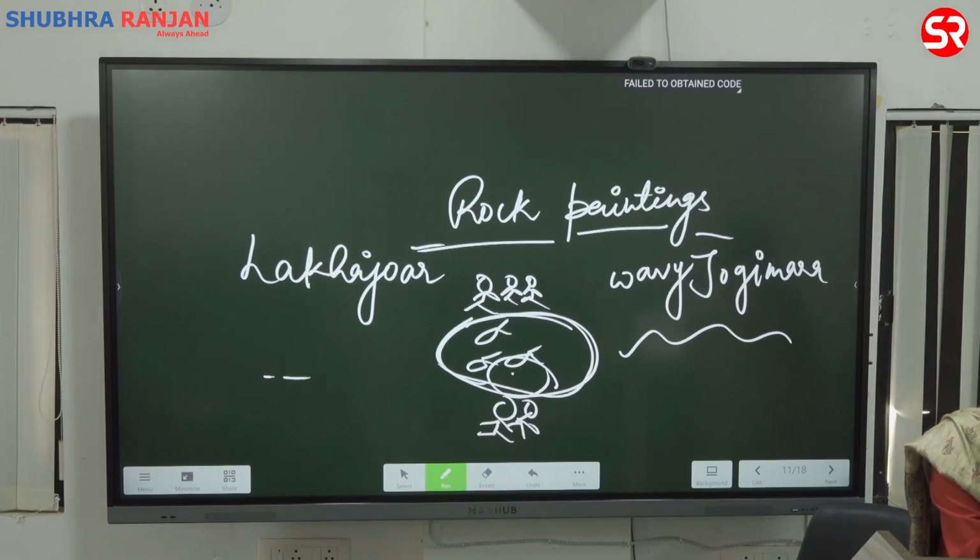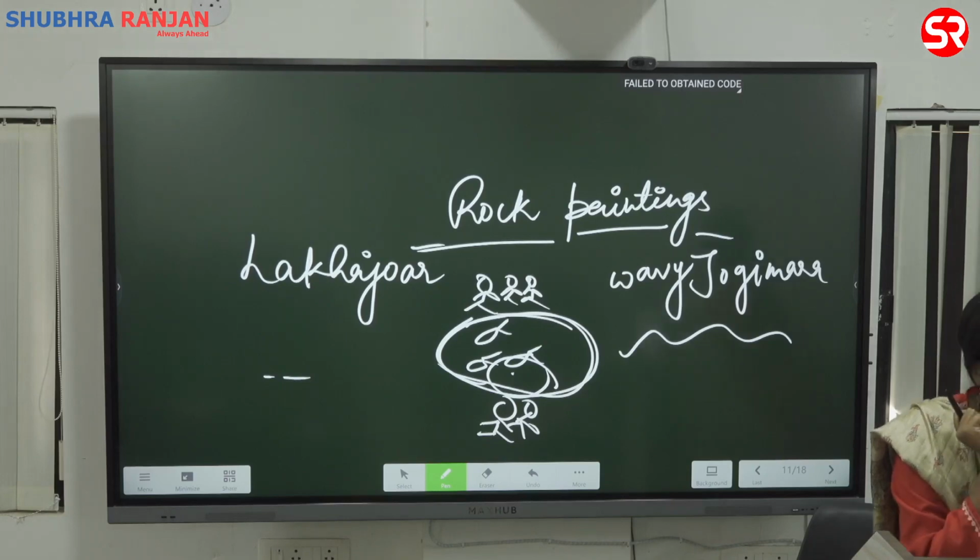Purpose of painting. First, they painted it for the beautification of their living spaces. Second point.